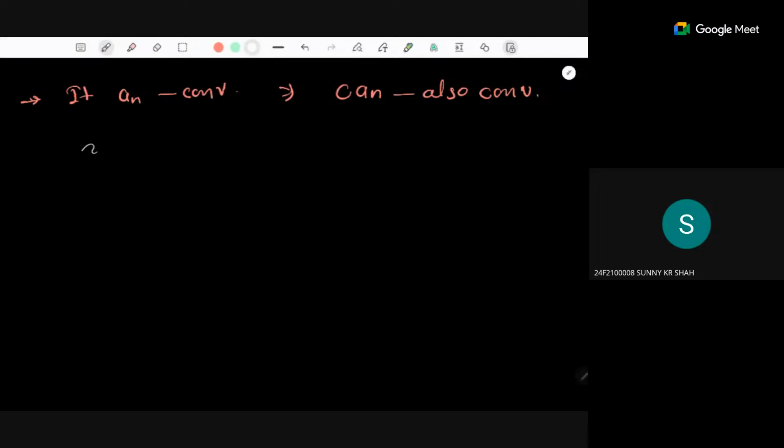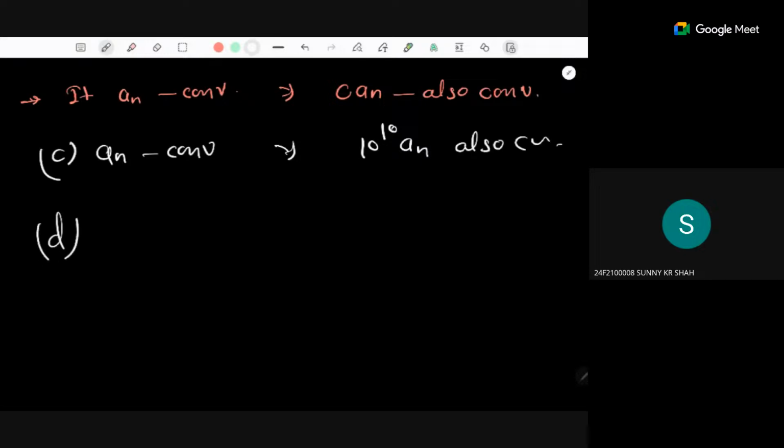Here it's given that AN converges, so 10 to the power 10 AN also converges, and this is given in the C option. In the D option, it's given that 10 to the power 10 AN converges. So what will AN be then? AN is nothing but 1 by 10 to the power 10 multiplied by 10 to the power 10 AN.